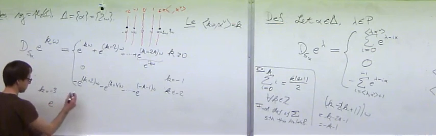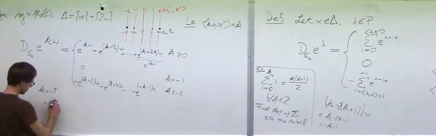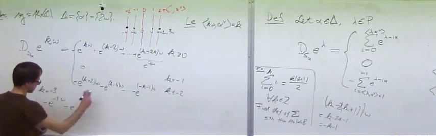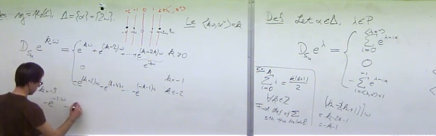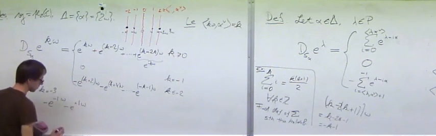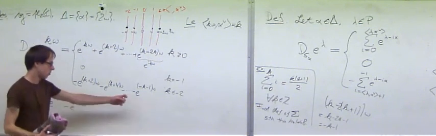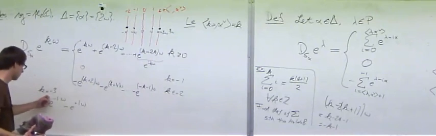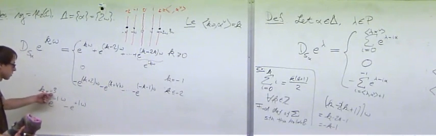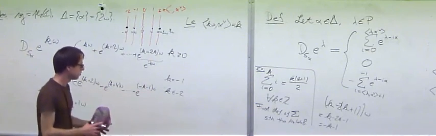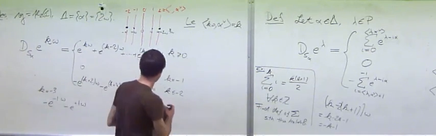Then it's e to the minus 3 plus 2, so minus 1 omega, minus e to the, again, plus 2 omega, so it's e to the plus 1 omega, and that's it, right? Because then I'm already minus k, that's 3, and here that's supposed to be 2. So, yeah.